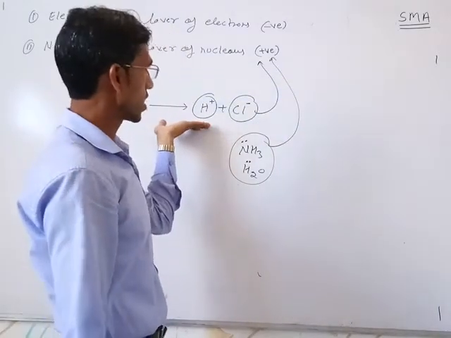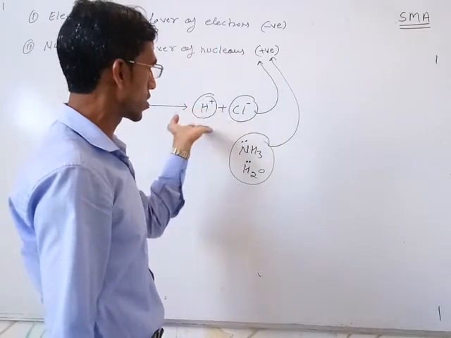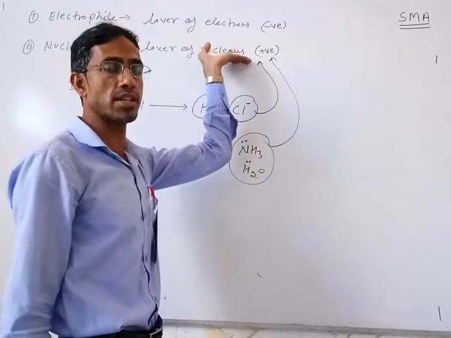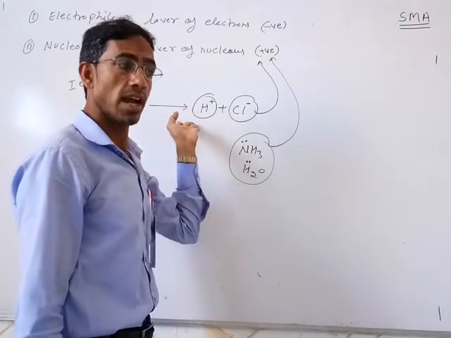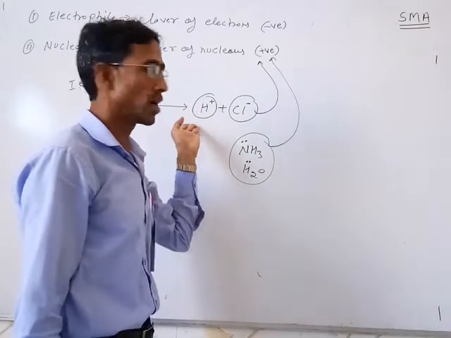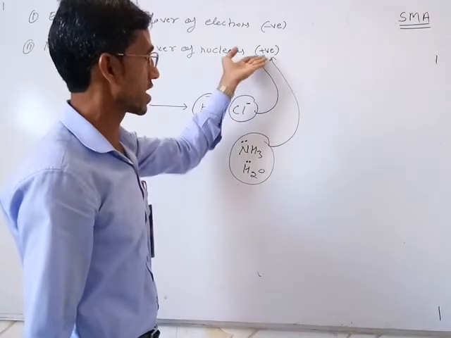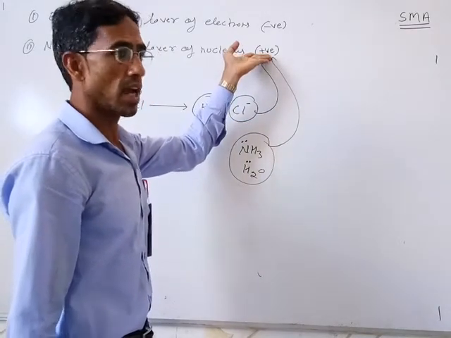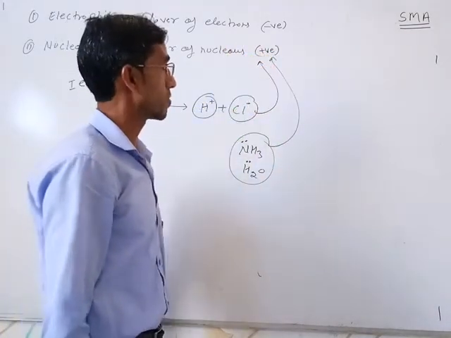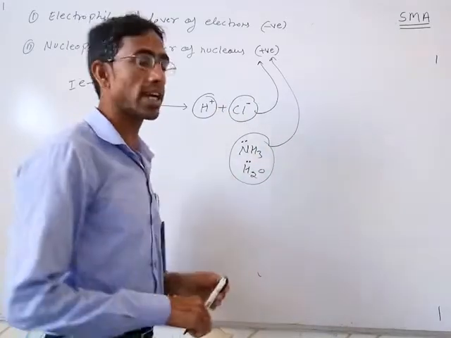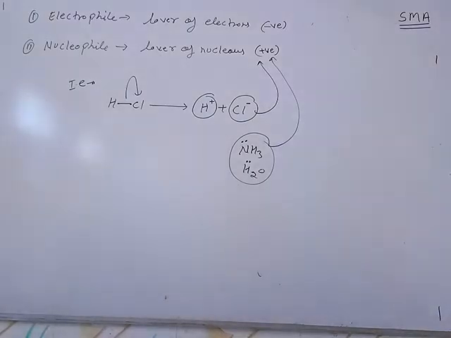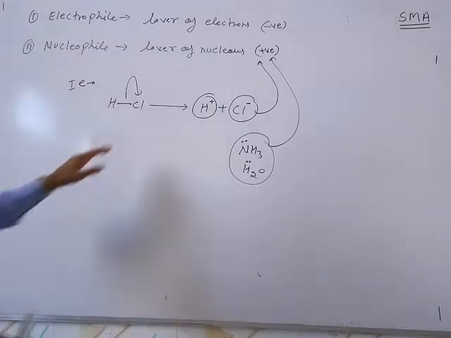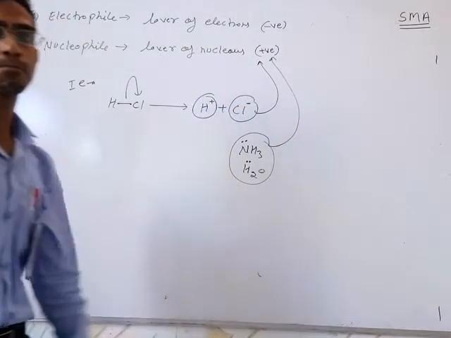Positive and positive do not react with each other and do not form a stable compound, but a negatively charged species attaches to a positively charged species and forms a stable neutral compound. So all negatively charged species and those species which have more electrons are known as nucleophiles.